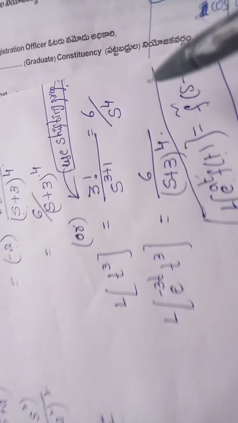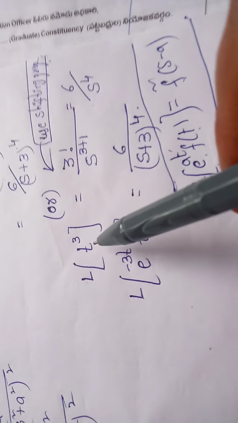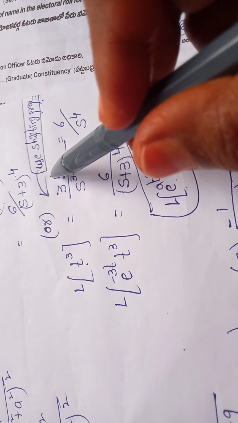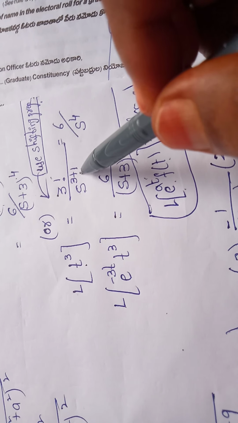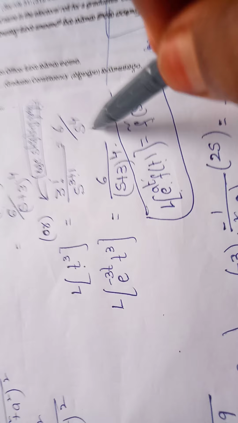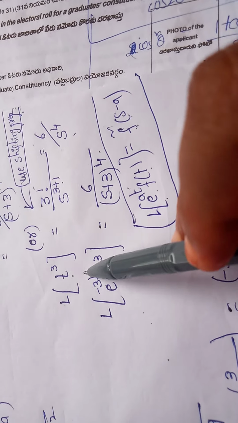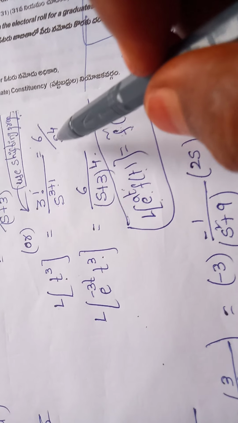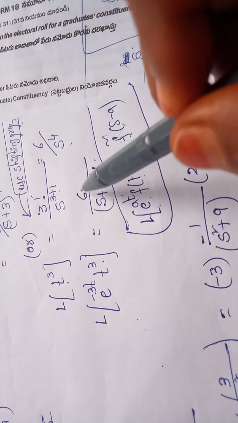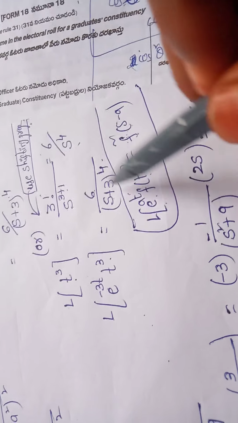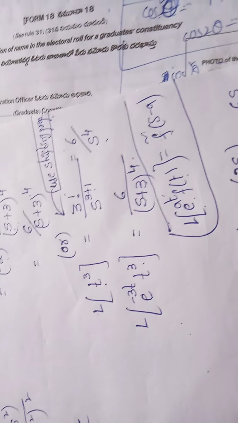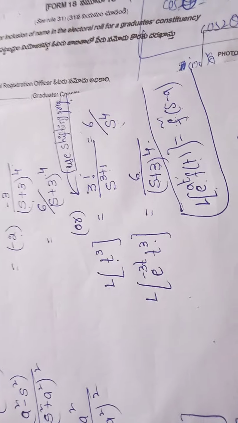In the same way, L of t cube, L of t power n is n factorial by s power n plus 1, so 6 by s power 4. Right? L of e power minus at into f of t is f bar of s plus a. You can replace s by s plus a. So 6 by s plus 3 whole power 4. This is the simple way. So based upon the problem, you can apply the first shifting property or the multiplication property.